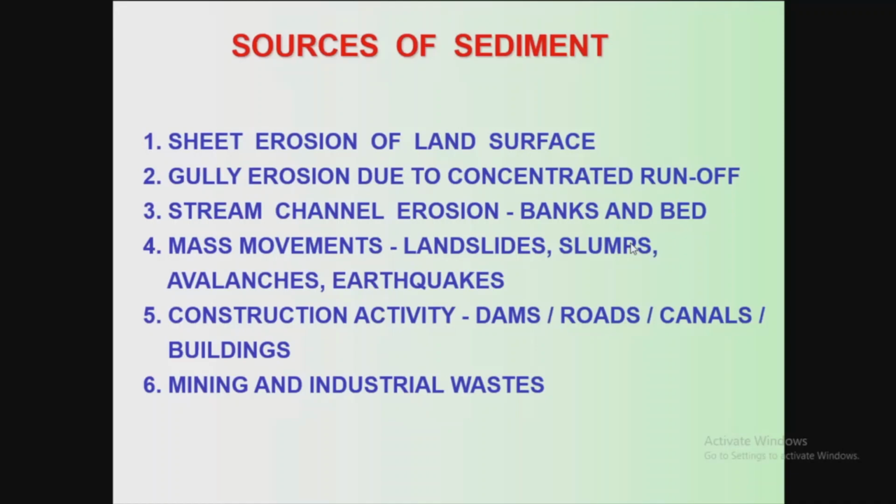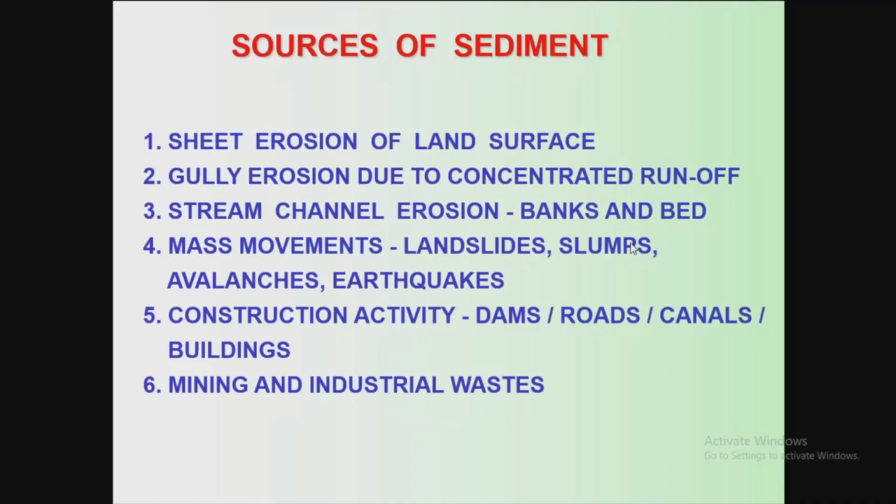That eroded material is first deposited into the river, and the river carries it up to the reservoir, and because of the dam obstruction, that portion of soil, or silt, is deposited in the reservoir. So that is called sheet erosion.